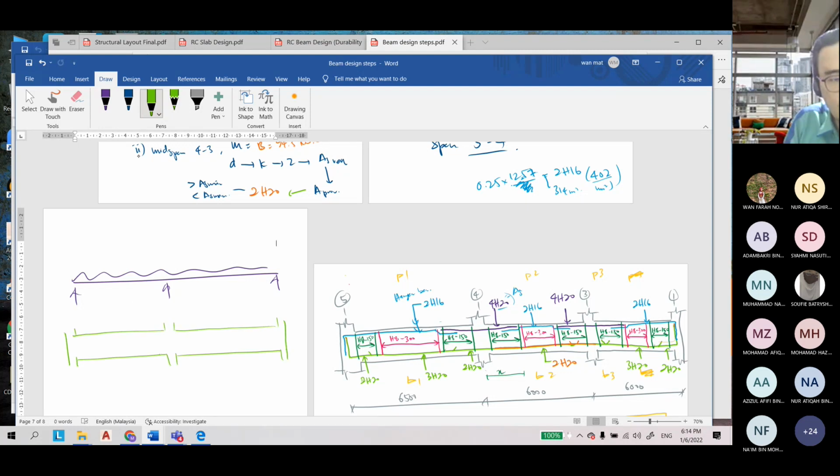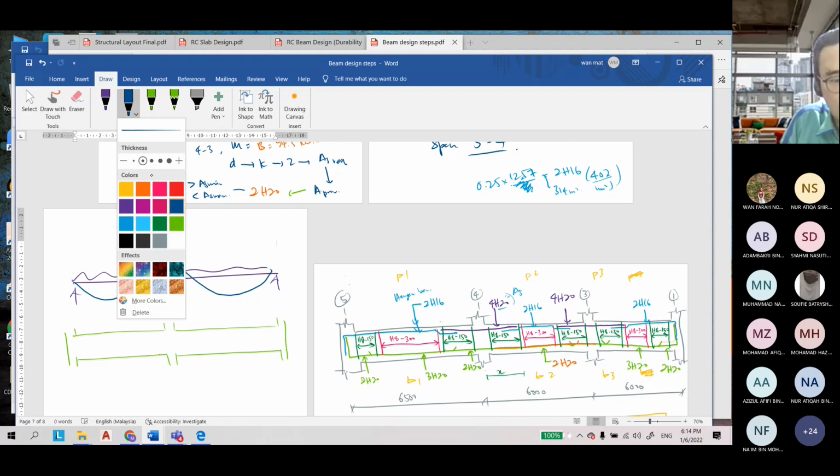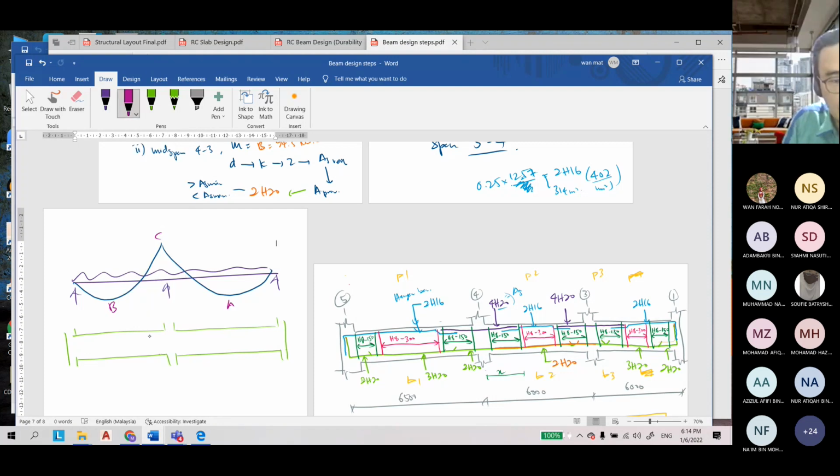So you bending moment, let's say maybe the bending moment is macam ni. So you design, this is A, this is B, this is C. So satu you design dekat C, and then A here, A equal to B, samakan je. Okay. So dia tak ada jauh beza sangat. So okay, you pandai lah you buatkan macam ni.